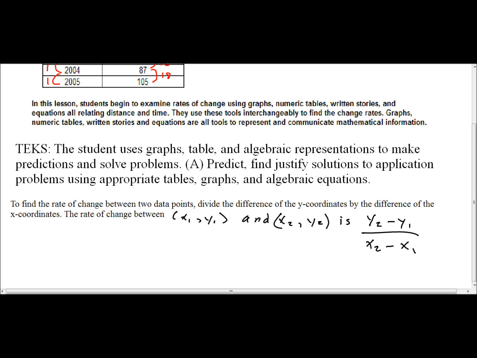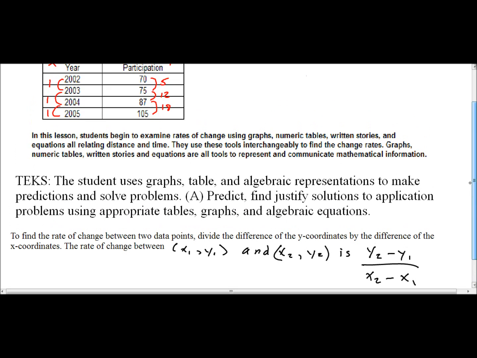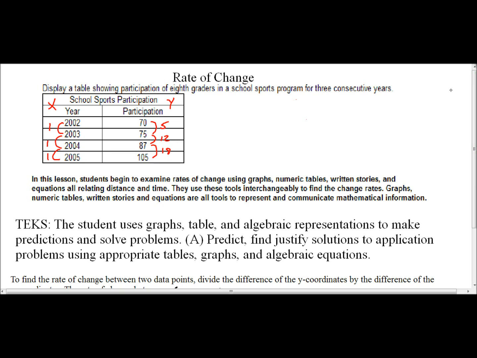The rate of change between x sub 1, y sub 1 and x sub 2, y sub 2 is y sub 2 minus y sub 1 divided by x sub 2 minus x sub 1.